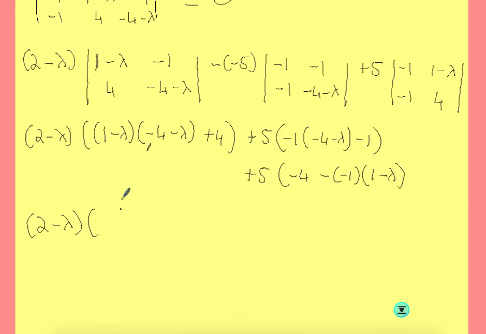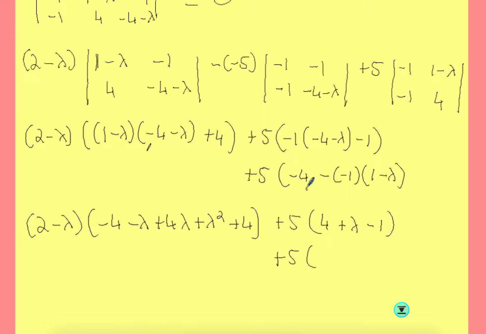Right, so let's multiply that out. So that's -4 take away lambda plus 4 lambda plus lambda squared plus 4 plus 5. And in this bracket you've got 4 plus lambda take away 1 plus 5.